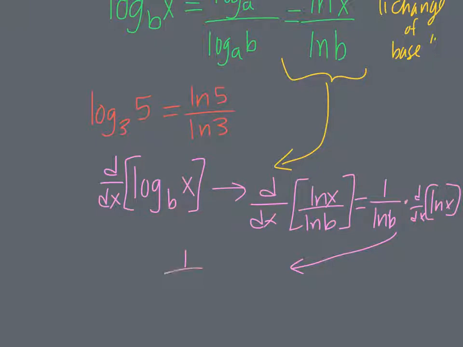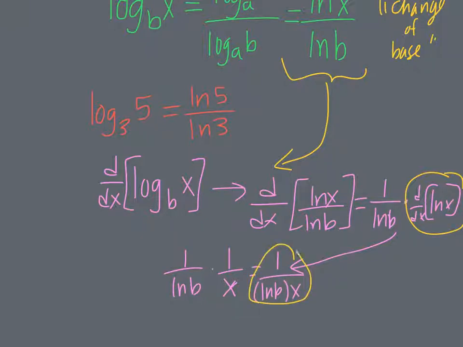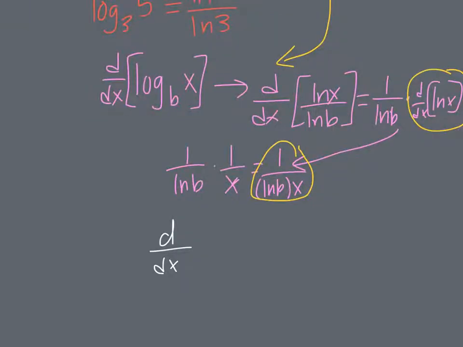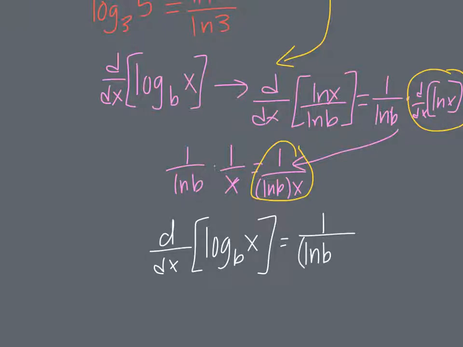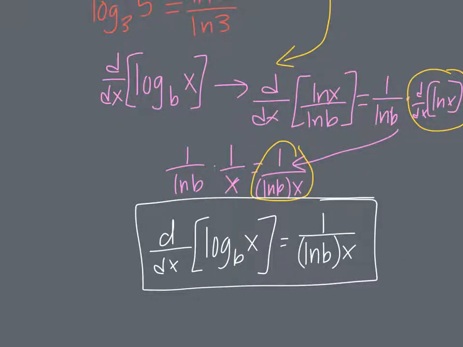And since the derivative of the natural log of x is just 1 over x, I get 1 over natural log of b times x. And that was the derivative rule. There it is. That is the rule.